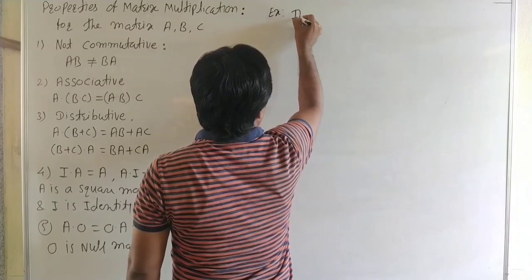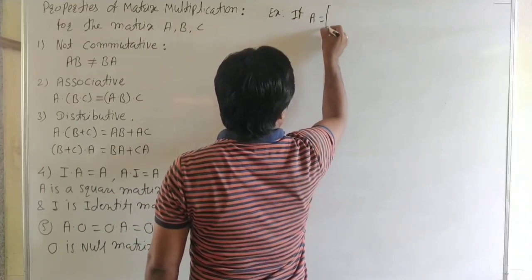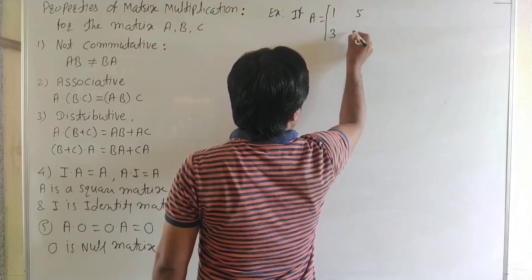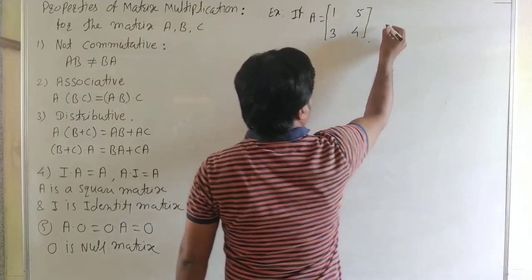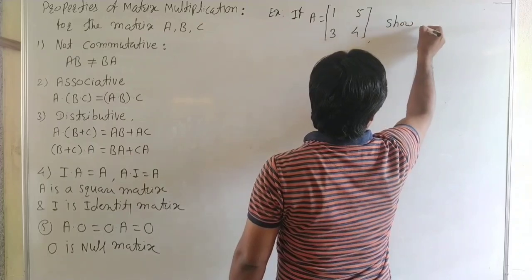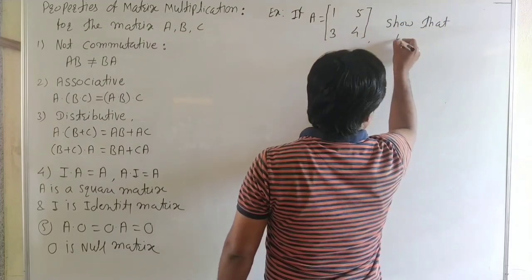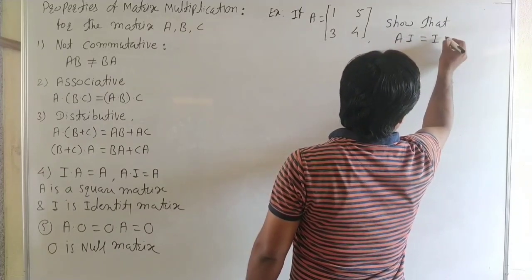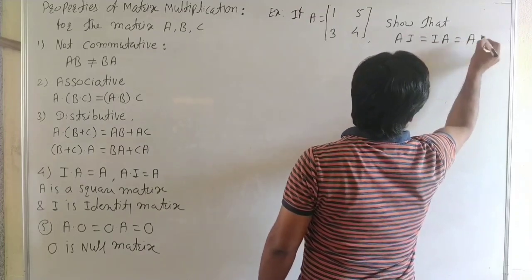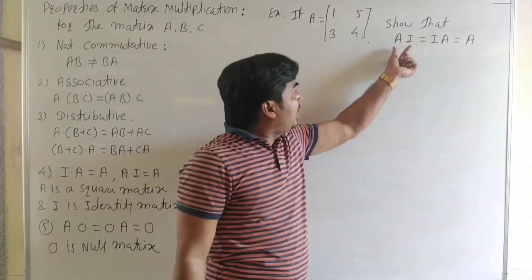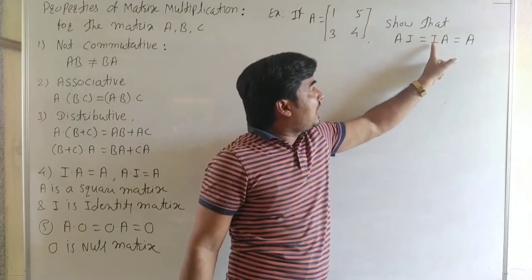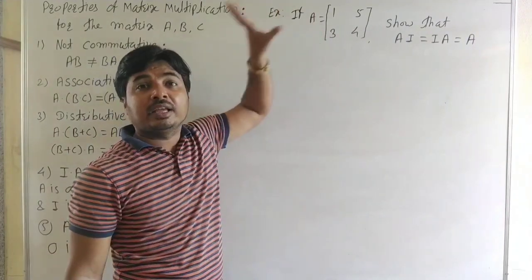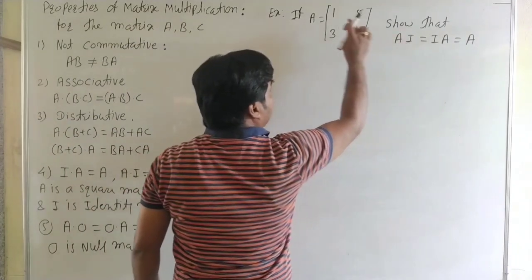If A is the matrix 1, 5, 3, 4, then show that A into I is equal to I into A is equal to A. First we prove A into I is equal to A, and then I into A is equal to A. Here I is an identity matrix of the same order as A, that means I is an identity matrix of order 2.